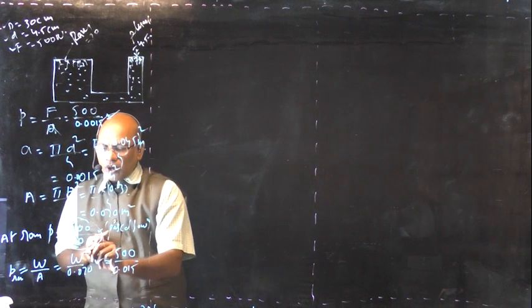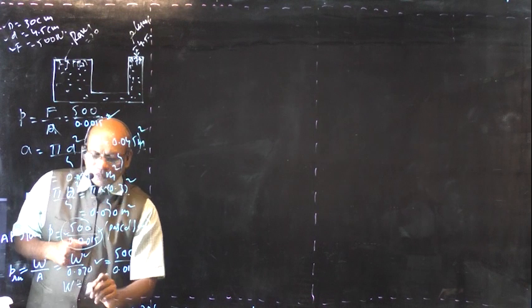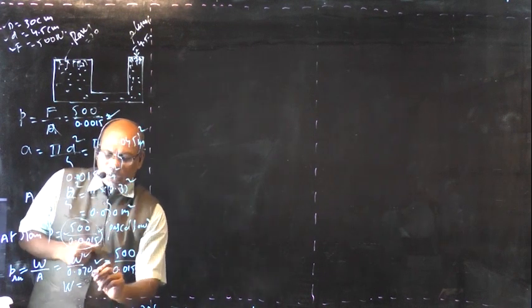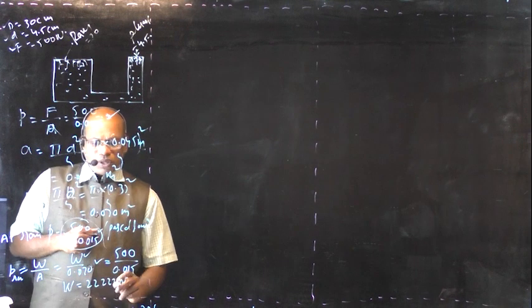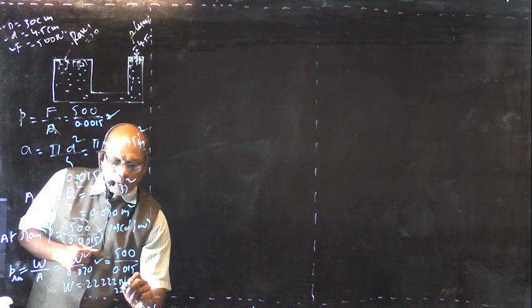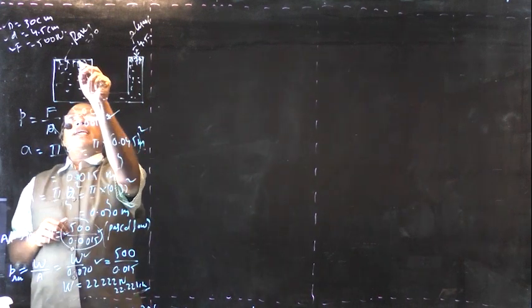Finally the unknown is W. Weight lifted at the ram, W, is equal to 2222 newtons or 22.22 kilo. This is the weight lifted at the ram.